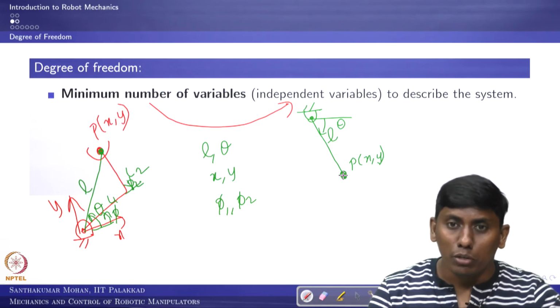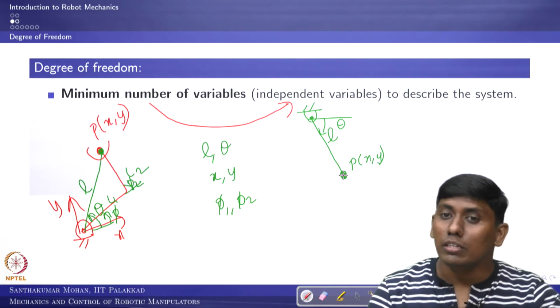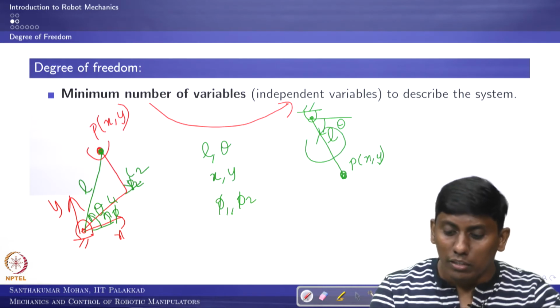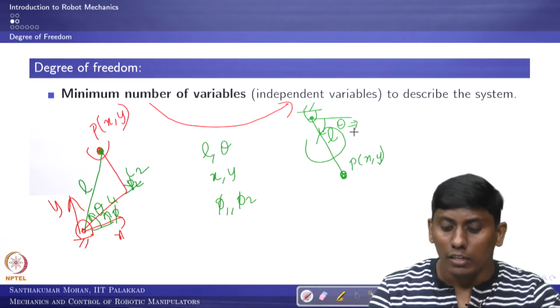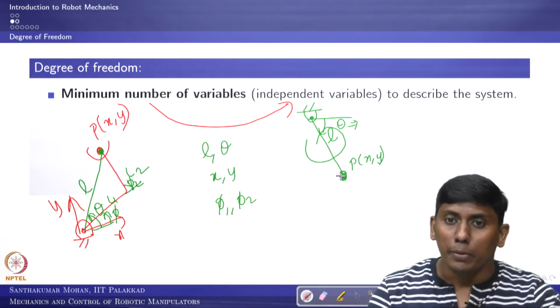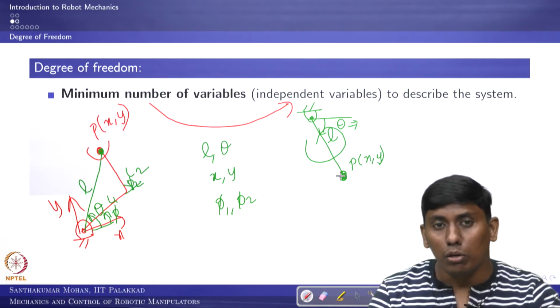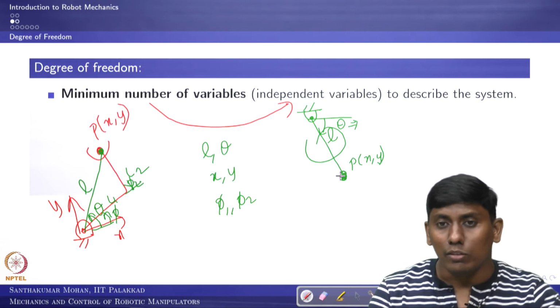Now there may be one question: sir, L is also required, why are you not mentioning that? This L is constant throughout. What is the variable? The variable is theta. In the sense, for defining this particular system, you need one variable, which is theta. So what would be the degree of freedom here? It is 1.